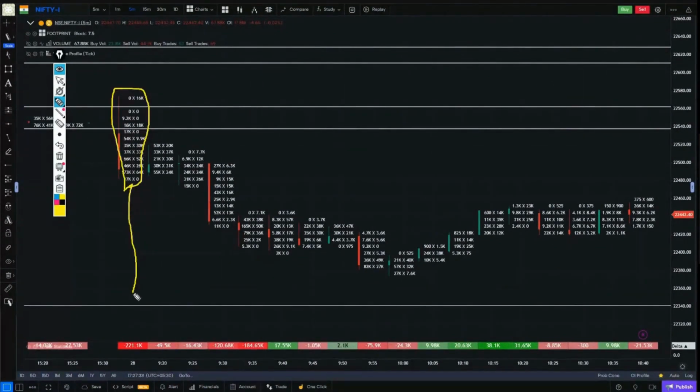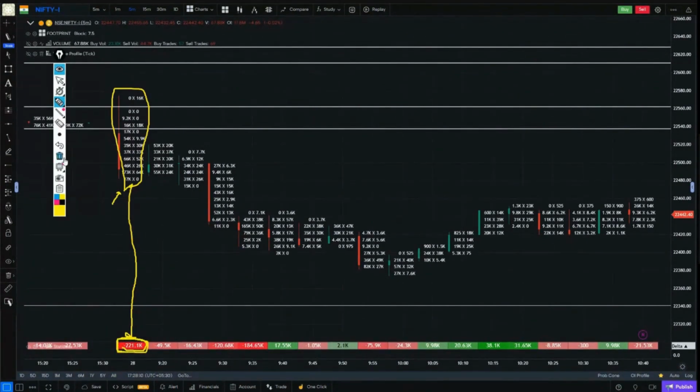The delta value here comes out to be minus 22,100, meaning sellers were more. In the first candle, the negative sign denotes the sellers. Wherever you see a negative sign before the number, it means a negative delta, which indicates that the sellers have more power. This information is given to us. For example, in this first candle, there were more sellers compared to buyers.